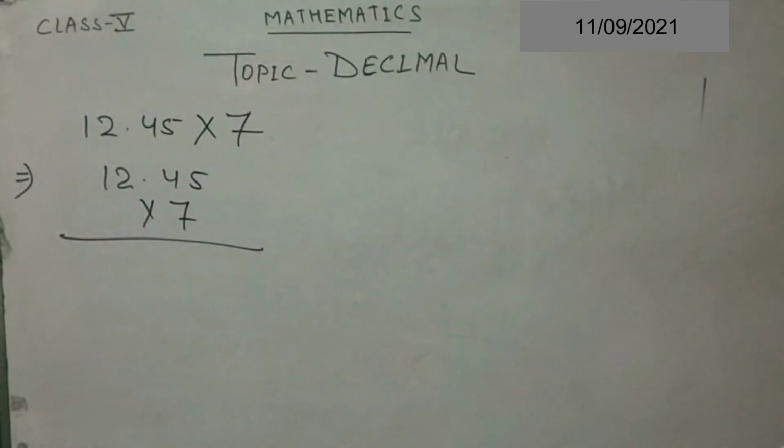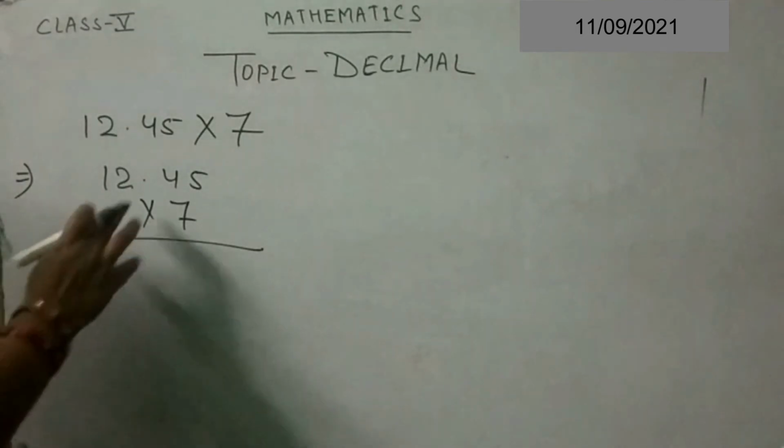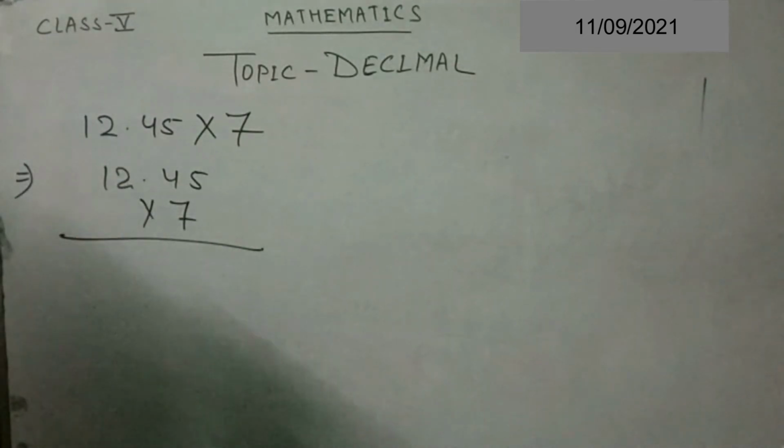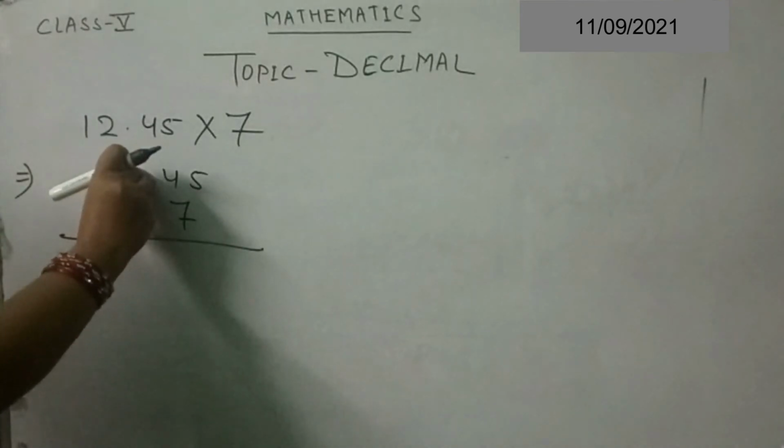Students, see how to multiply decimal numbers. If you want to multiply a decimal number by a whole number, just ignore the decimal points. That means you forget these decimal points for a few minutes.